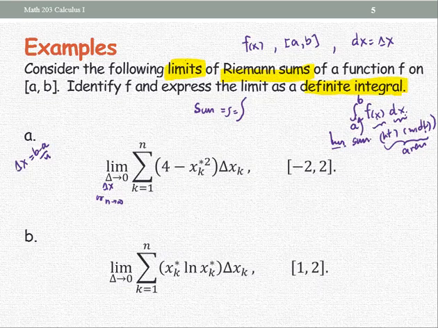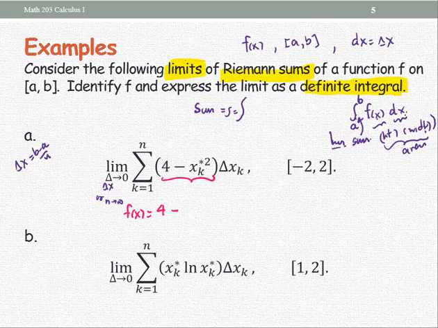So from this example, we identify what the function is. The function is the height, which is 4 minus x_i squared. The superscript and the subscript tell you the point of calculation. It could be the left end, the right end, or the midpoint, but basically it's any x value within the interval.